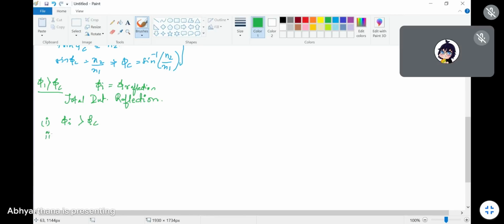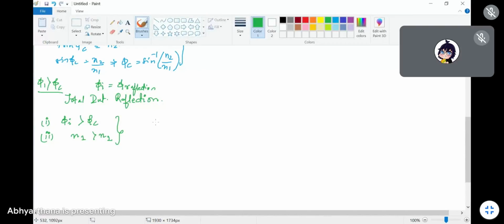And the second condition is that n1 is greater than n2. These two conditions need to be satisfied for light waves to travel through your optical waveguide.